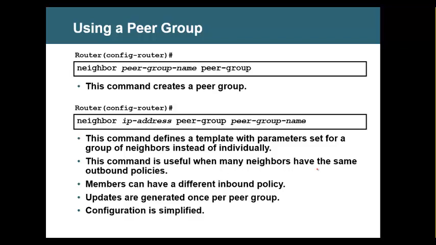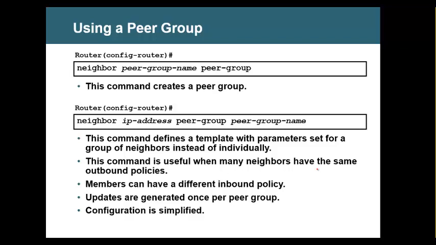See, inbound policy, no need for peer group, you see. Inbound policy, there is no peer group needed. Only for outbound. For example, all these neighbors need to form neighborship with that particular remote address. That particular remote. So that's outbound.